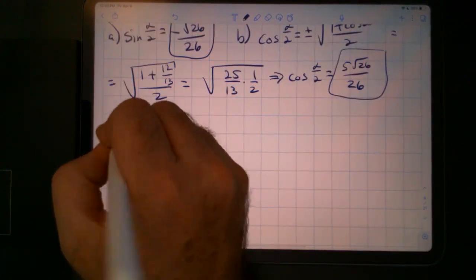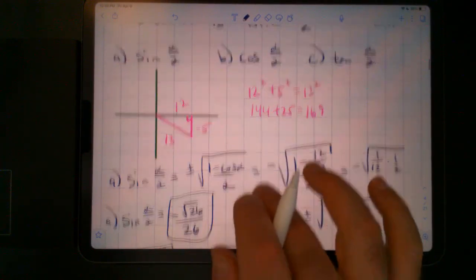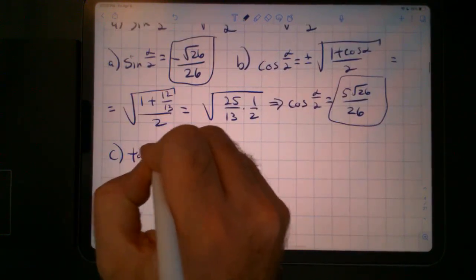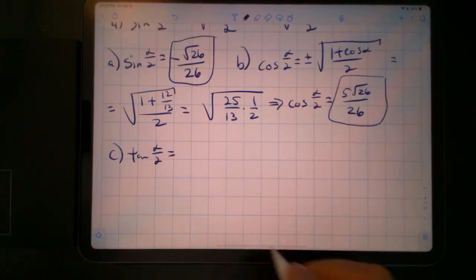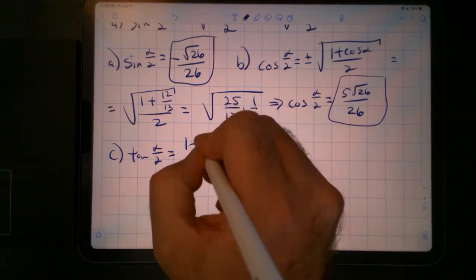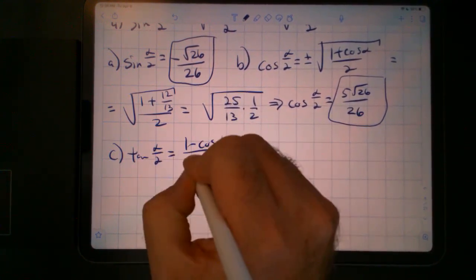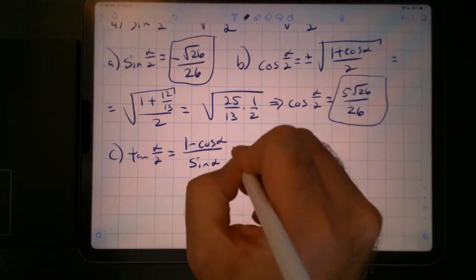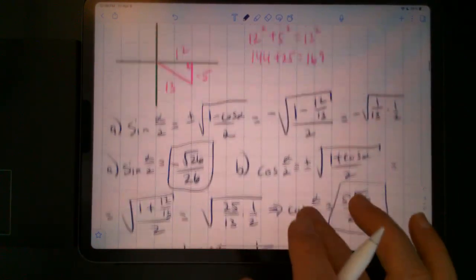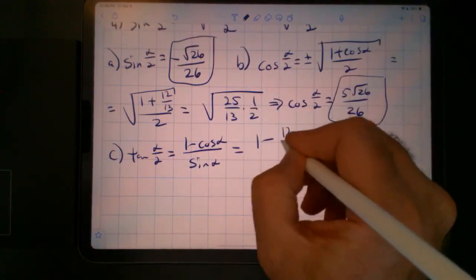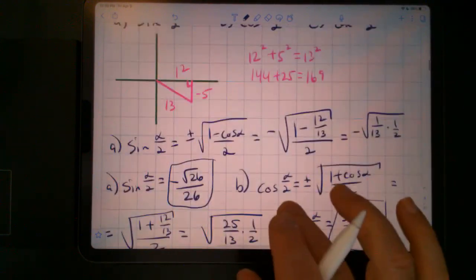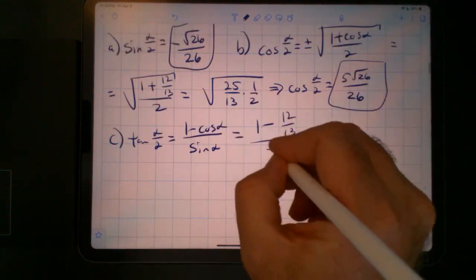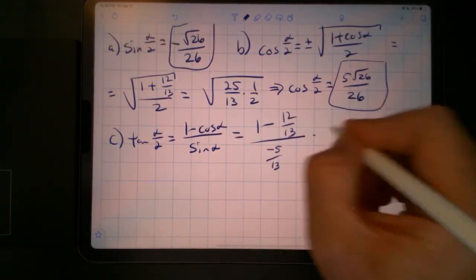And then for the tangent of alpha over 2, let's go with 1 minus cosine alpha over sine alpha. So we have 1 minus cosine alpha, which is 12 over 13, all divided by sine, which is negative 5 over 13.